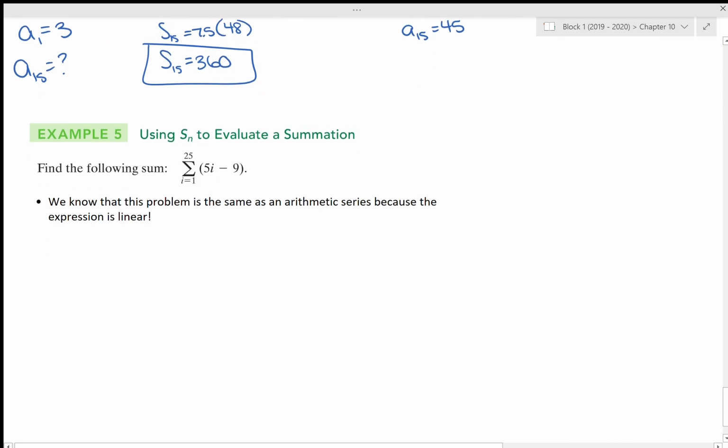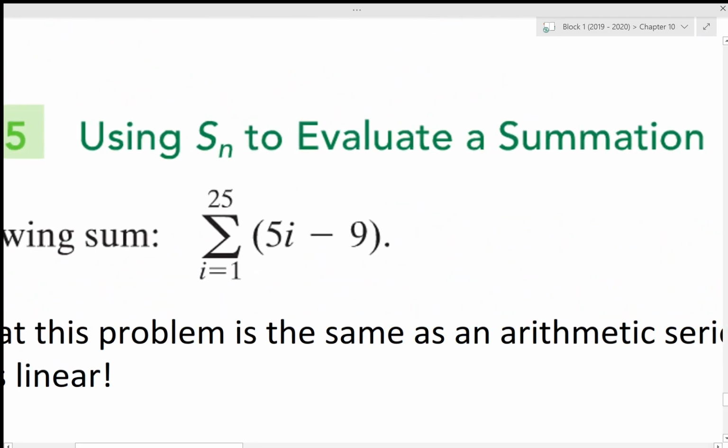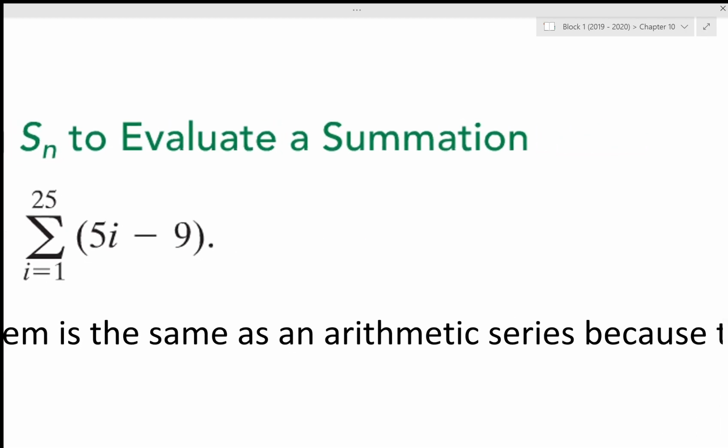Now, if I give you one of these sigma summations, you can use the series option if you notice that the pattern is arithmetic. So remember, arithmetic sequences are linear.